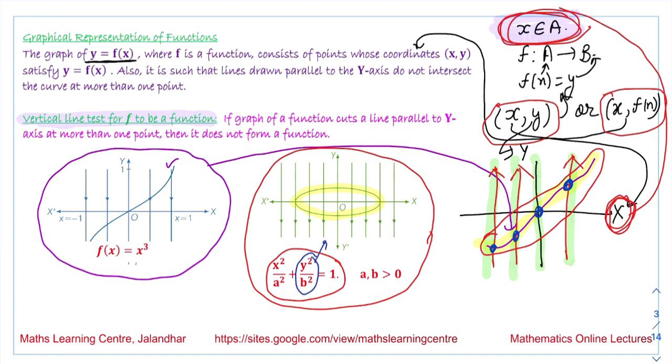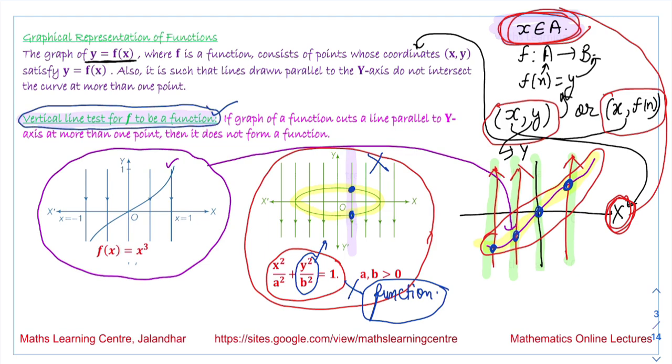Then if we draw a line parallel to the y-axis over here, it intersects this graph at these two points. So what our vertical line test says is that this is not a function. This is the vertical line test for checking whether f is a function or not.